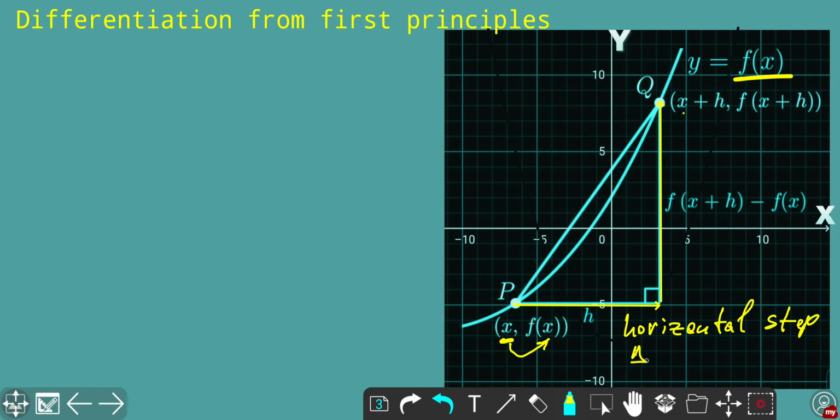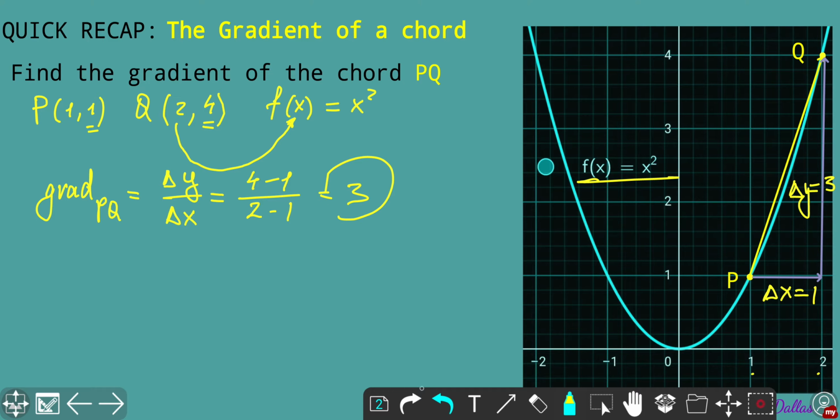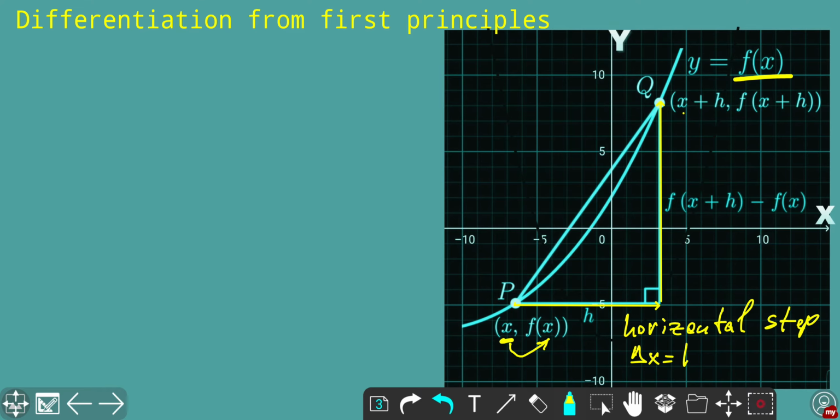So this delta x, as you remember from the previous picture, simply becomes h. And the change in y coordinates simply becomes f(x plus h) minus f(x). That represents delta y.